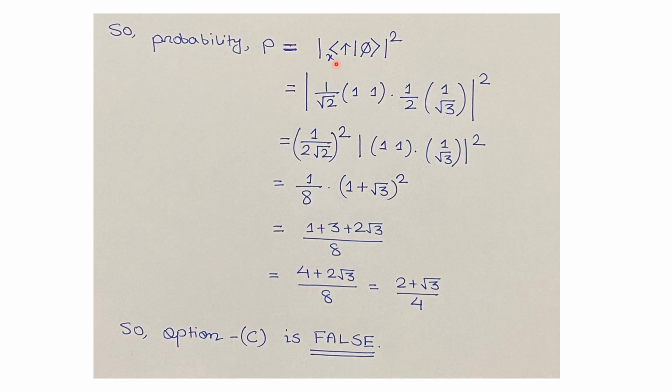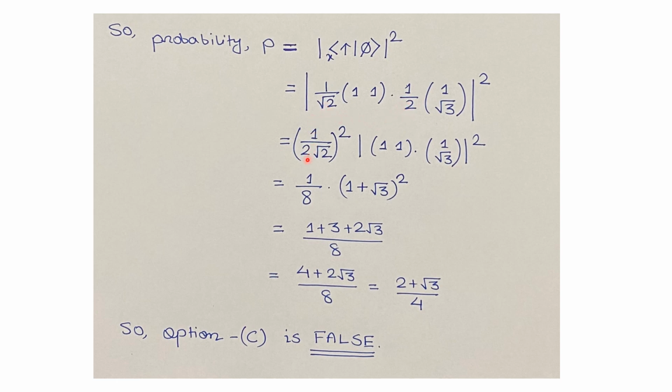So the bra of up spin will give the row matrix, that is 1 by root 2 times the row matrix (1, 1), and the phi state will be 1 by 2 times the column matrix (1, root 3), and we have to take the mod square of this. So we can take out the 1 by 2 and 1 by root 2 from the mod square.